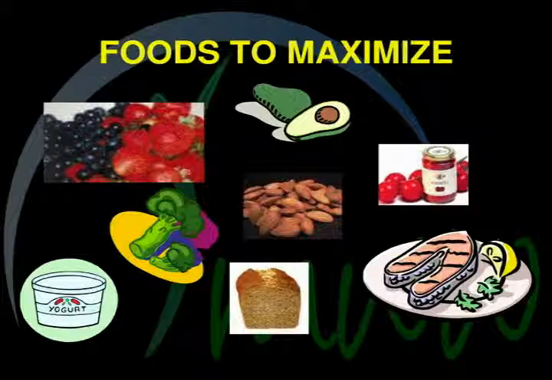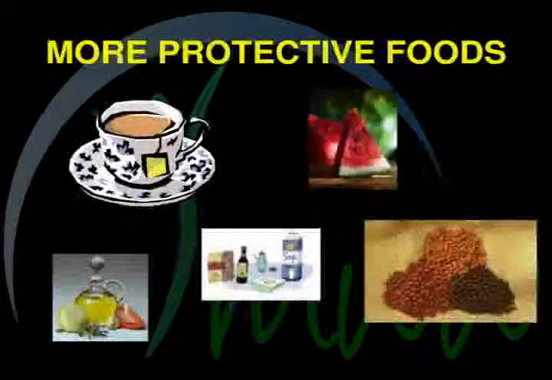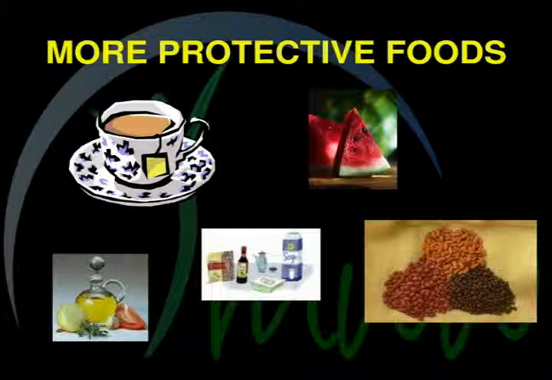Fatty fish, such as salmon, is an excellent protein source and also helps reduce risk of heart disease and possibly other inflammatory processes in the body. Other protective foods which are practical and easy to enjoy include green and black tea, seasonal fruit, good quality olive oil, remember a little goes a long way, soy products, and beans of all types.